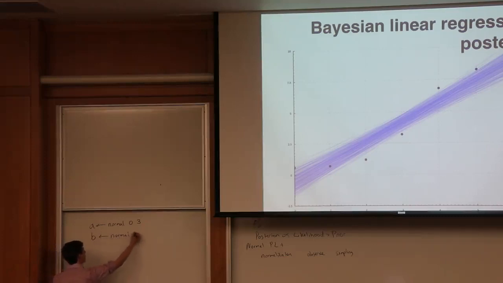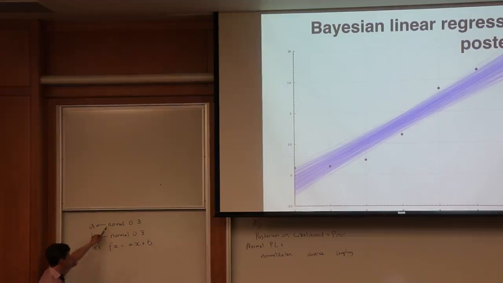I don't know what the intercept should be, but let's also sample it from a normal distribution. And then I define a linear function, ax plus b. So far, this just picks out some random linear functions that go all over the place.